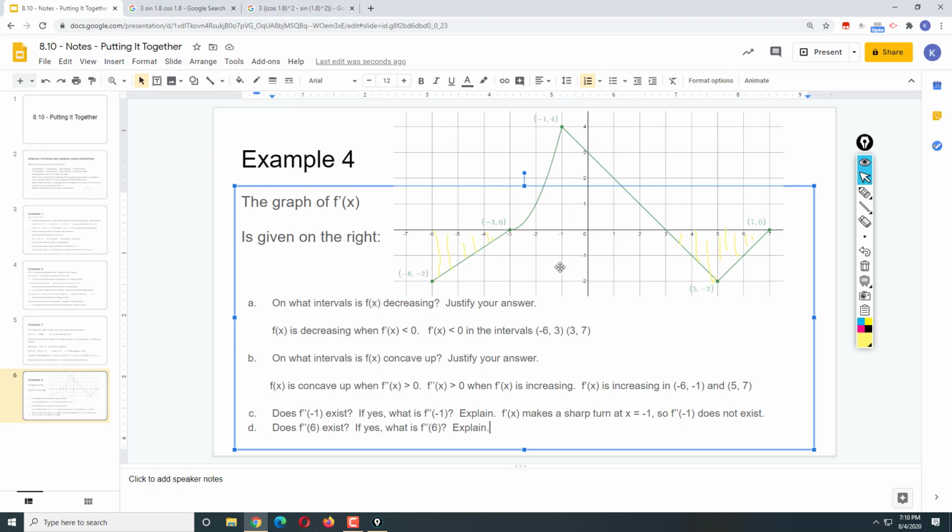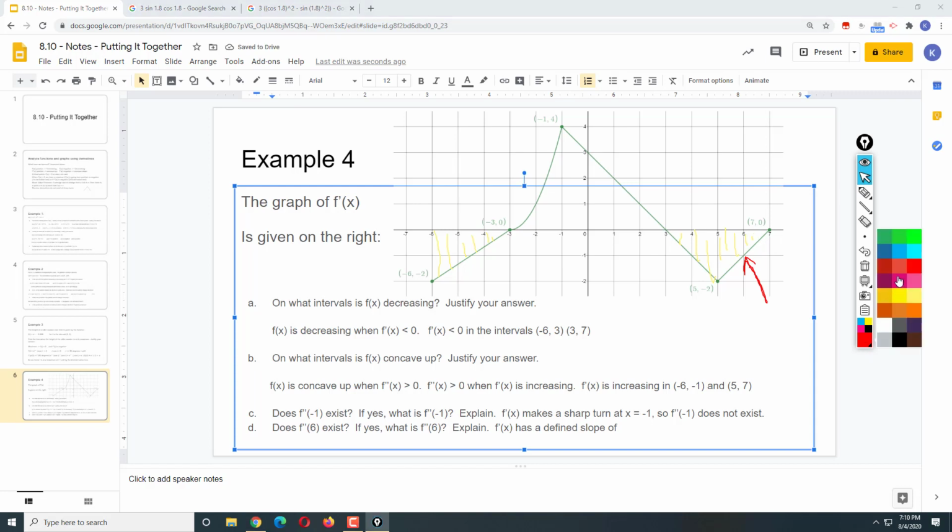Last part. Does f prime prime of 6 exist? Does the second derivative exist at x equals 6? If yes, what is it? Well, at x equals 6, our derivative is a straight line. That's okay. So our first derivative has a defined slope. What's that defined slope?